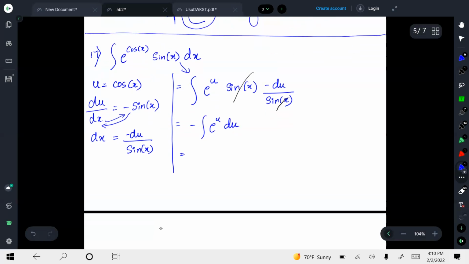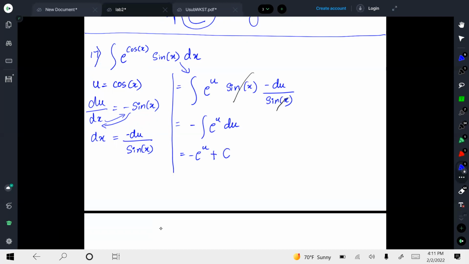Okay, now what is integral of e to the power of u? E to the u, right? Is e to the power of u. And what should I include along with this? Negative and yes, and the constant c.